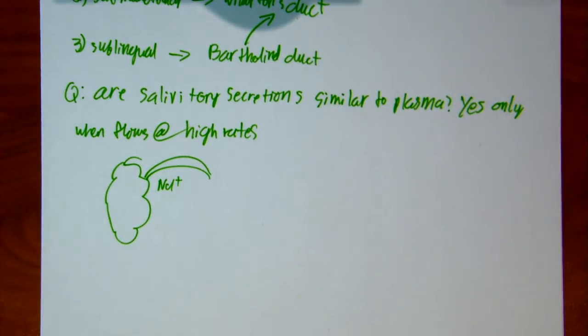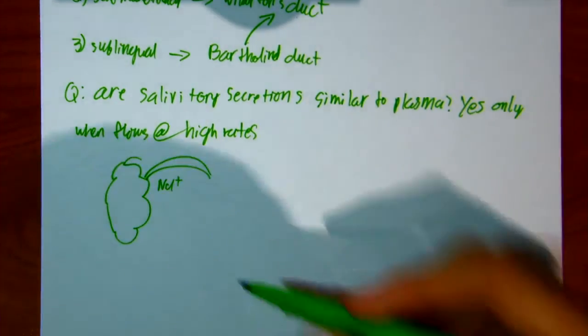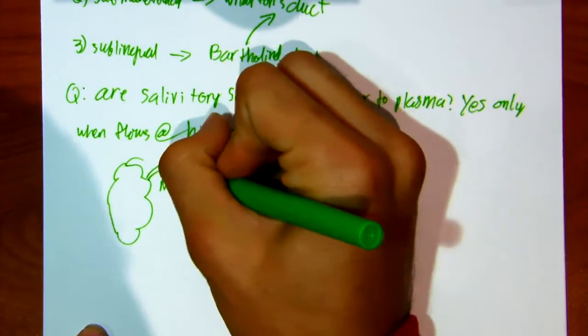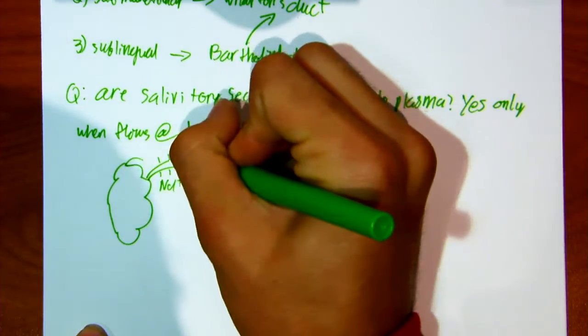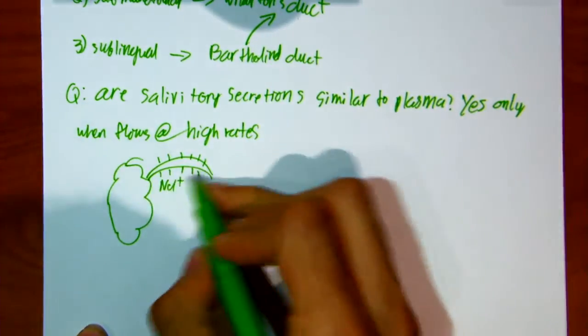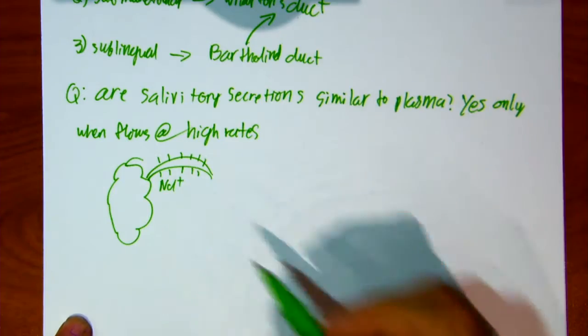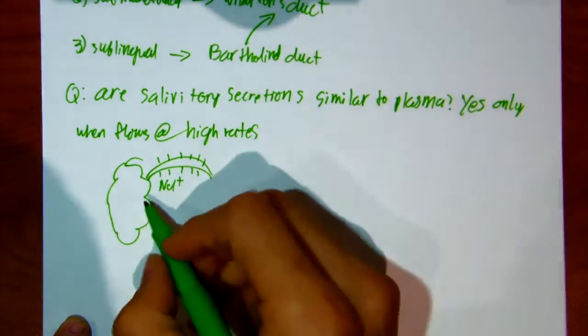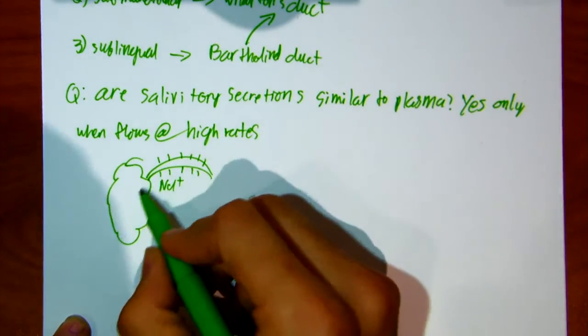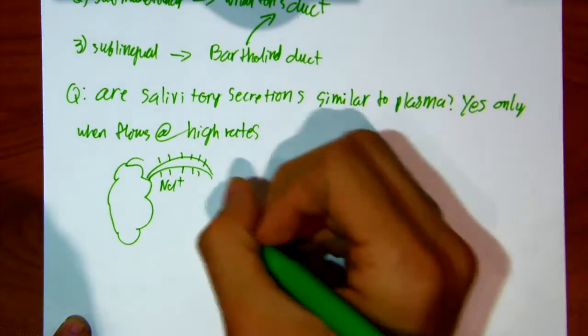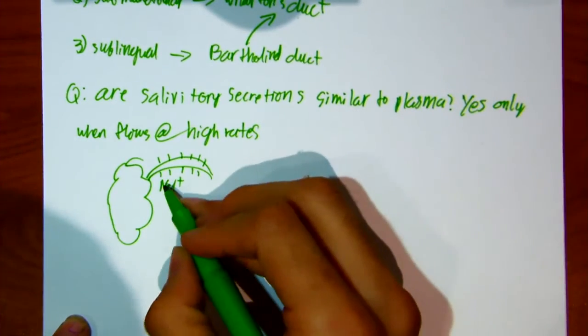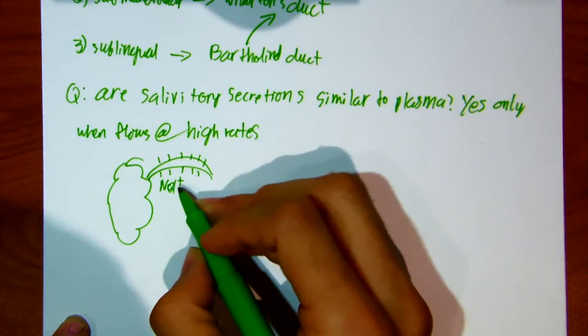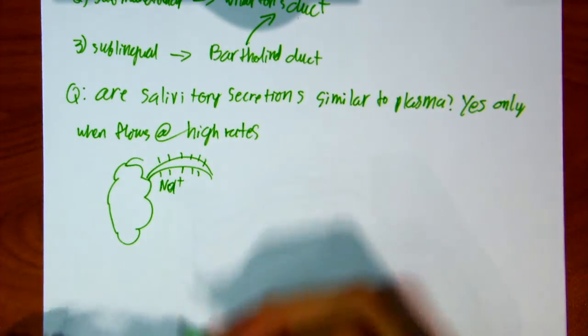You're also going to have lingual enzymes like amylase and lipase. Along the way, you have absorbing structures that will actually decrease the concentration of these ions, of these solutes. But when saliva begins to flow at a very high rate, there is not enough absorbing capability to reabsorb these ions.